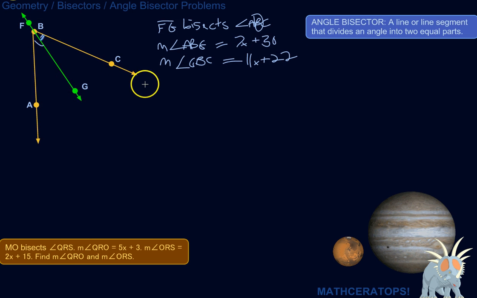That means we can set 7x plus 30 equal to 11x plus 22. This allows us to solve for x and then figure out the angle measurement of each one, and which would allow us to figure out the angle measurement of the entire thing.